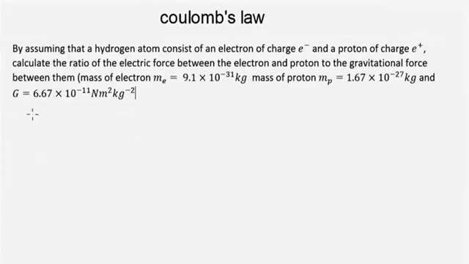So let's apply Coulomb's law first. Let's say this is 1 over 4 pi epsilon naught times Q1 Q2 over x squared.